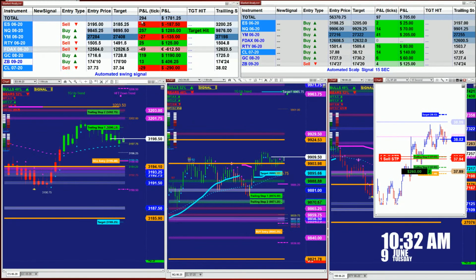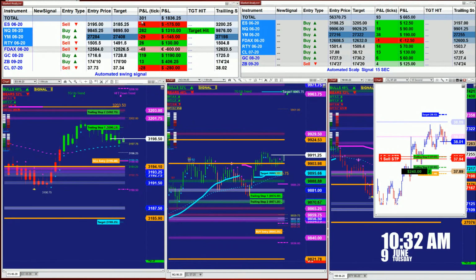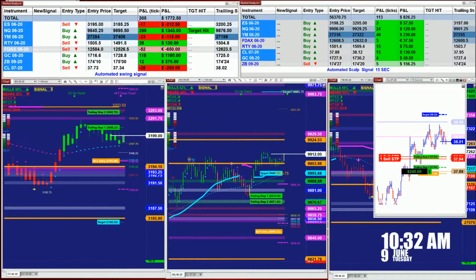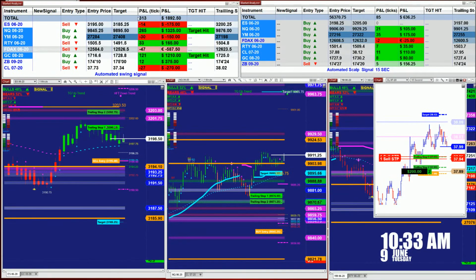And here is the problem. Every time you take a trade, the more you take a trade, the more your account is at risk. I don't care what everybody can say, but this is reality. In futures trading, the more you trade, the more risk you're putting and the more pressure you are putting on your account.